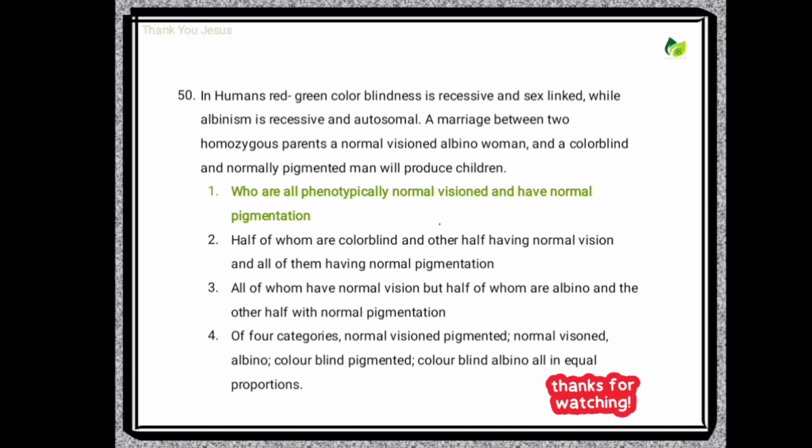The albino woman is a recessive individual and transfers the recessive gene to the F1, but it will not express in F1 because F1 individuals are heterozygous, with another chromosome carrying the dominant gene.